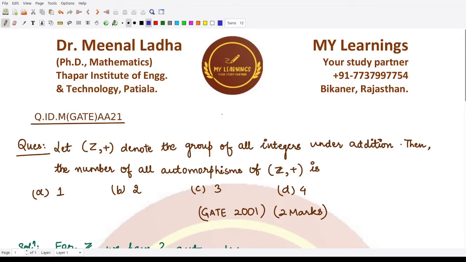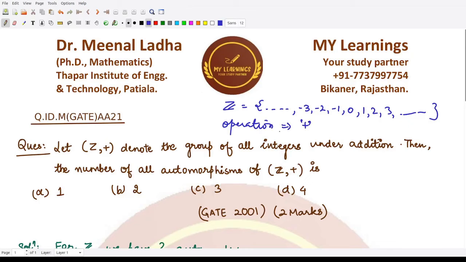If you remember what automorphisms are, suppose this group Z is given to us, so that means all the integers are there with us, right? And moreover, the group operation here is addition. So we can define some mapping phi from the same group to the same group such that this mapping is an isomorphism.